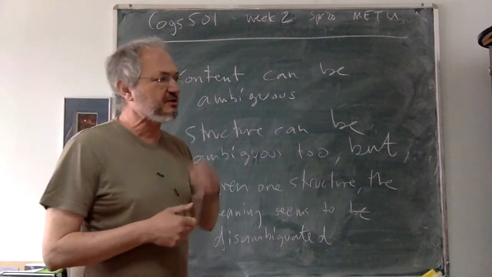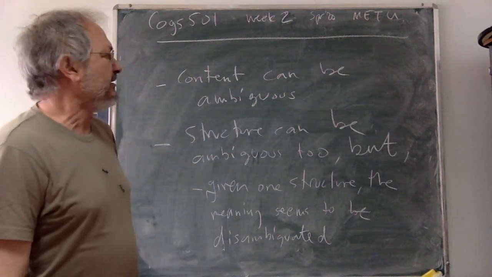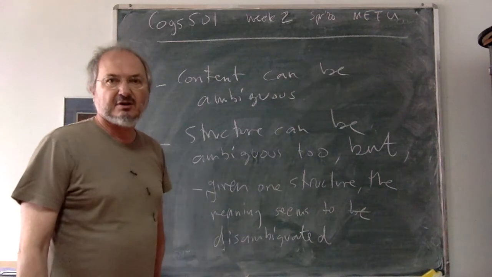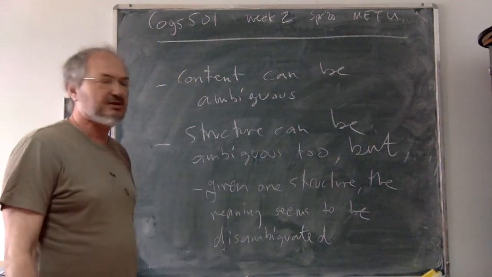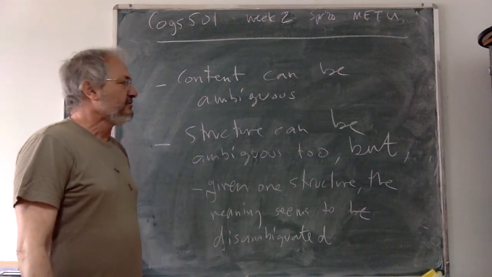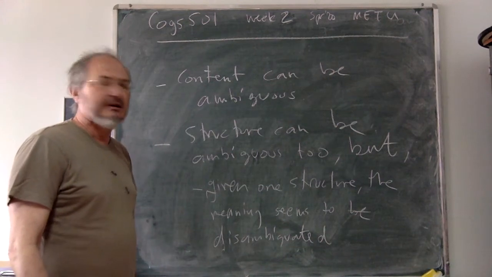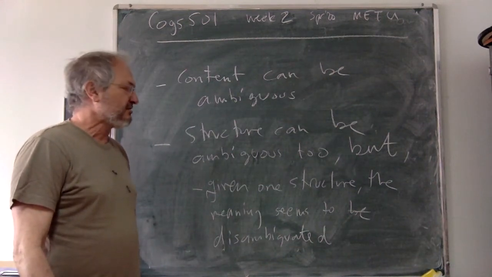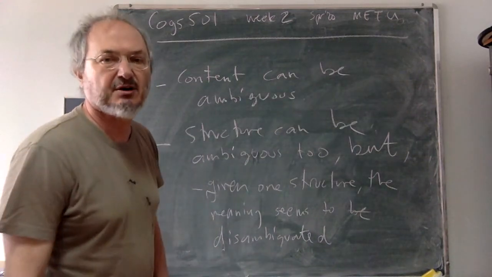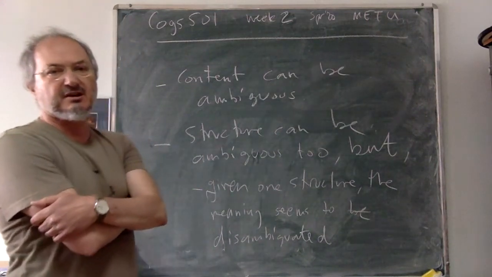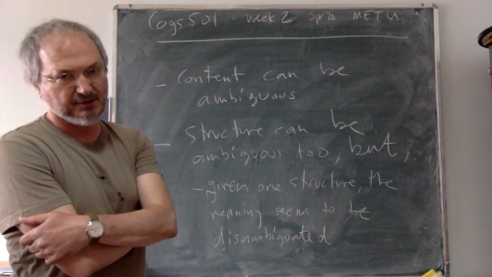And we've been doing this by first distinguishing content and structure, mainly because although content can be quite ambiguous, when we look at structure, although we see ambiguity in structure as well, the kind of ambiguity that you get in structure seems to be different than the ambiguity that you get in content. Although there can be structural ambiguities like attachment ambiguities.